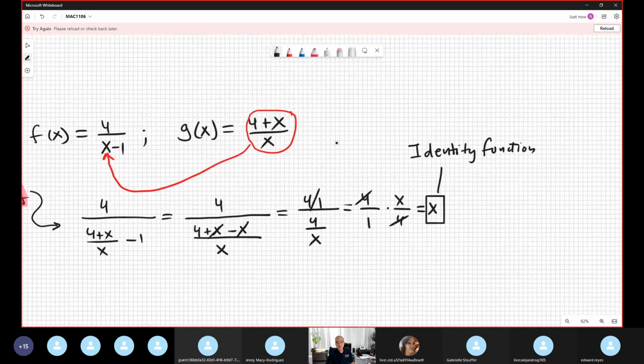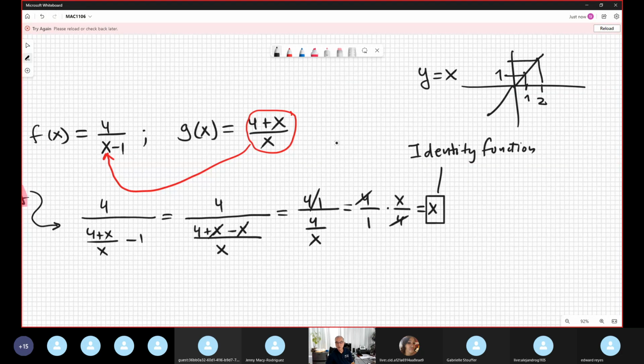represents the function y equals x, a line passing through the origin at 45 degrees. So you take 1, the answer, and the y is 1. You take 2, the answer is 2. You take negative 1, the answer is negative 1. It's identity. So the y value is equal to the x value.